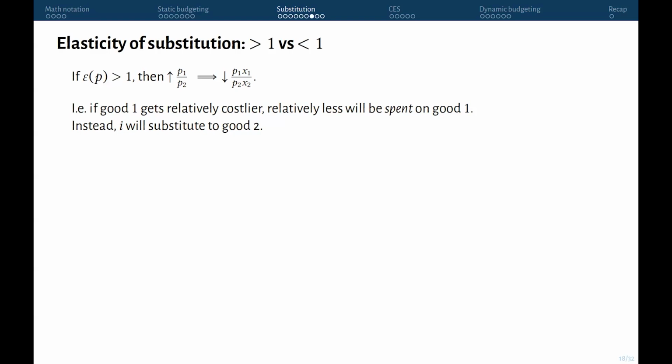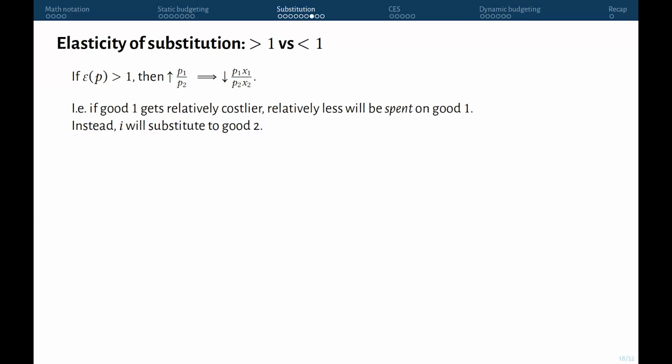You're going to buy less of the thing that's gotten relatively more expensive. But how much will it go down? Well, if X1 over X2 goes down by more than 1% per percent that P1 over P2 went up, then the ratio of how much you're spending on good one to how much you're spending on good two will go down.